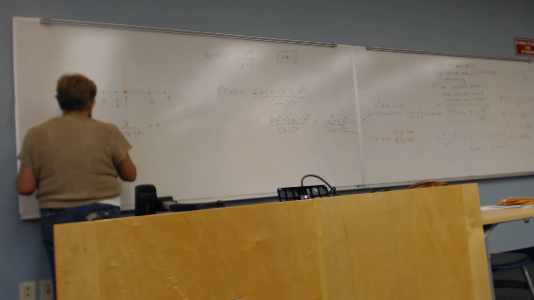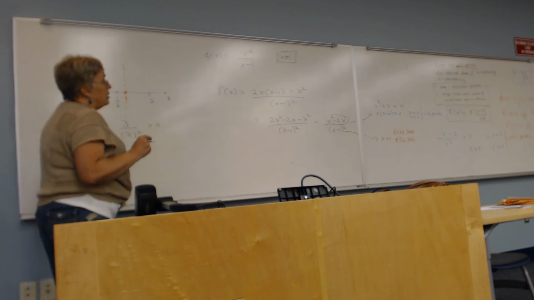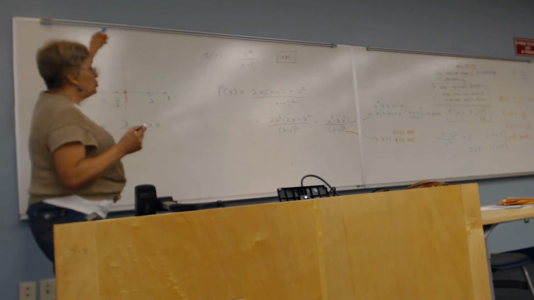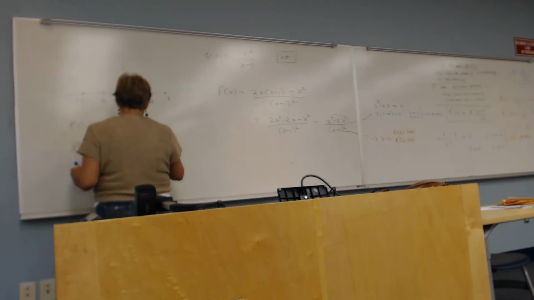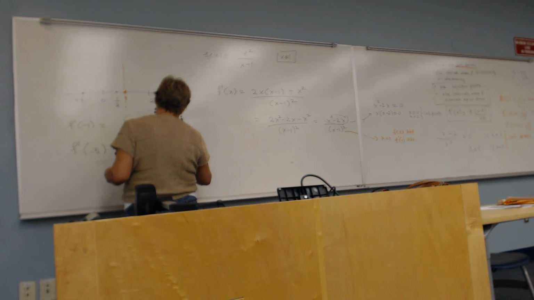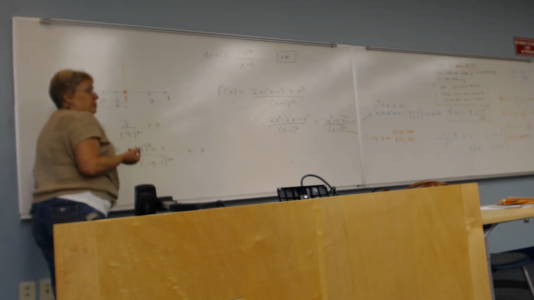So f prime of 0.5 is going to be 0.5 squared minus 2 times 0.5, over 0.5 minus 1 squared. And so it's going to be negative.